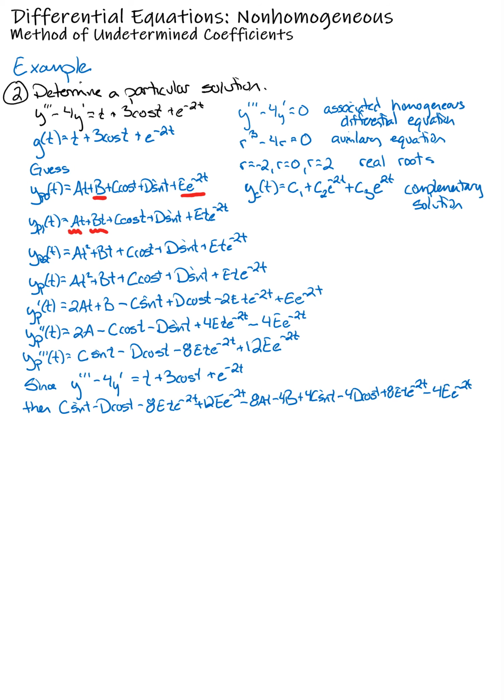And all of this is equal to, running out of room on this line on the screen, so I'll write it below, t plus 3 cosine t plus e to the negative 2t.